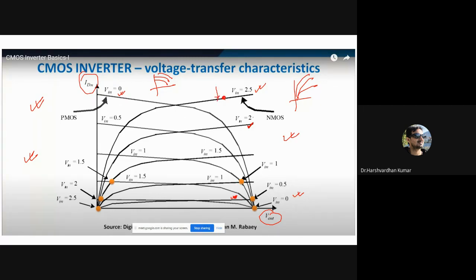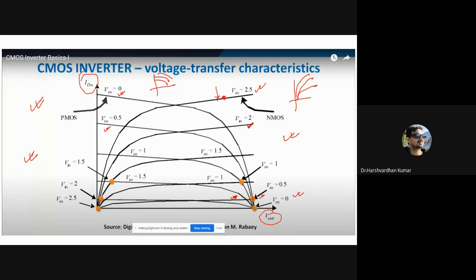Always remember here, for V in equal to 0.5, let us say the point is here. This is for the NMOS, right? For the PMOS, you have to locate the point where it is intersecting. So this is for the PMOS, with V in equal to 0.5.